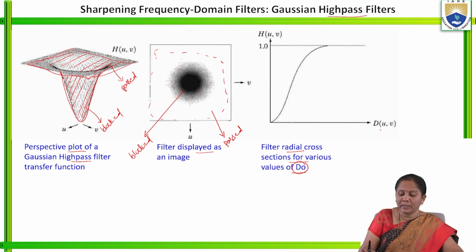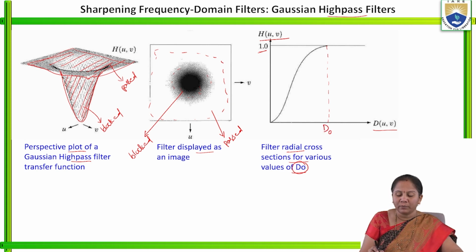This is the graph we can observe, D of u comma v versus h of u comma v, showing the transfer function of the high pass filter. This is D naught, what we call the cutoff frequency.